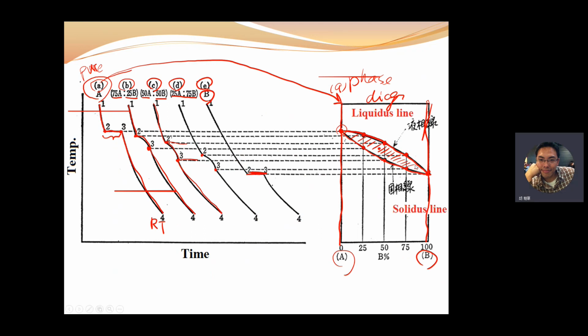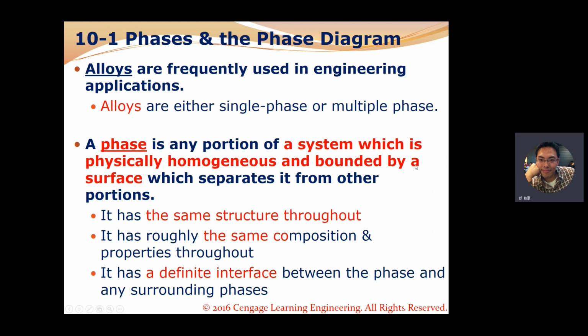So we have to do numerous experiments, and then this phase diagram can be plotted, right? Alloys are frequently used in engineering applications. Alloys are either single phase or multiple phase.